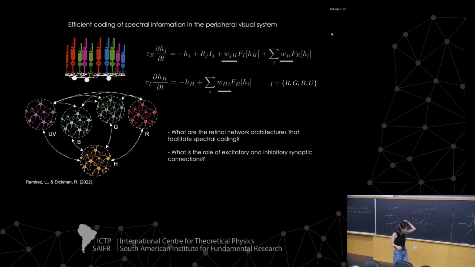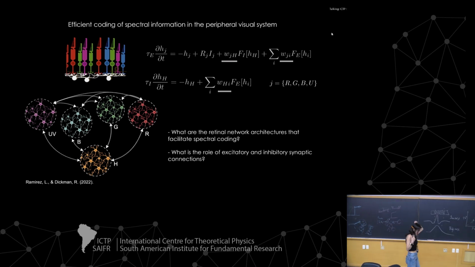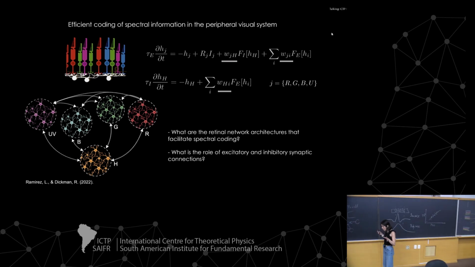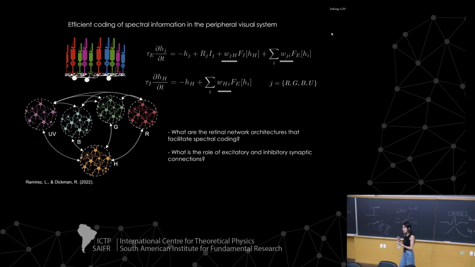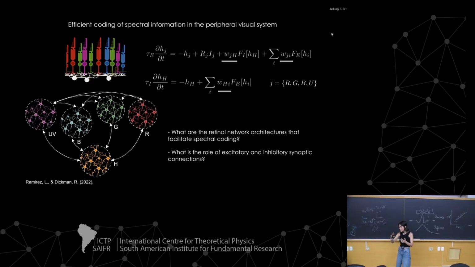So the idea is, if you have only Gaussian stimuli, you don't have a lot of correlations in your input, right? If you look at the power spectrum of Gaussian inputs, you are going to find a flat distribution. If you go to naturalistic inputs, you are going to see that correlations are important, and you start having this power law behavior.